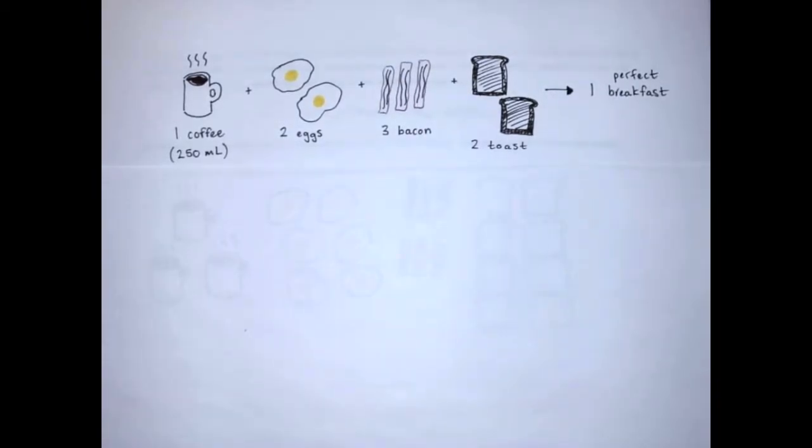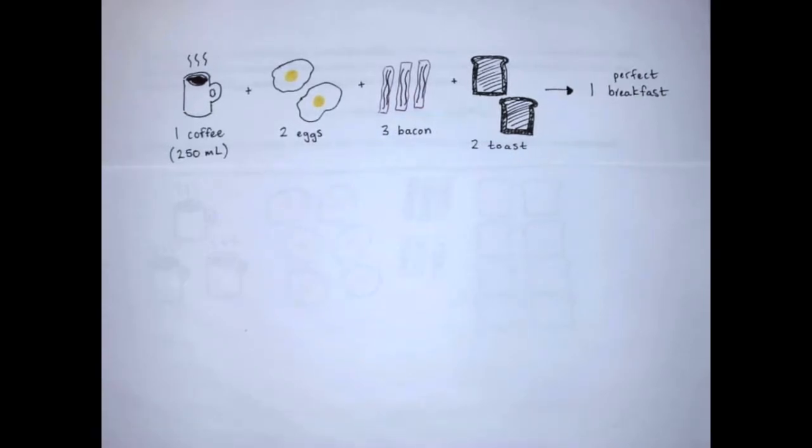Now, with any meal, not just breakfast, you are often only allowed to cook as much food as you have ingredients. And inevitably, you're going to run out of one ingredient faster than you run out of other ingredients. Or to put it another way, you will consume all of your supply of one of the ingredients before you consume the supply of the other ingredients.